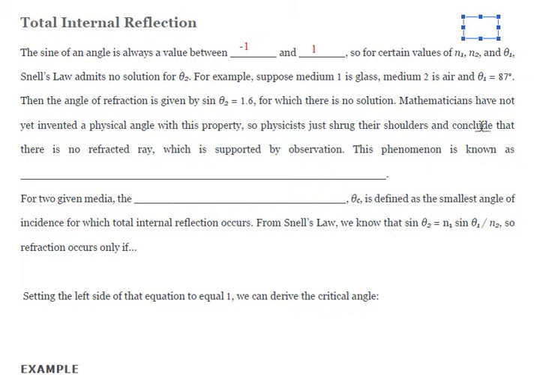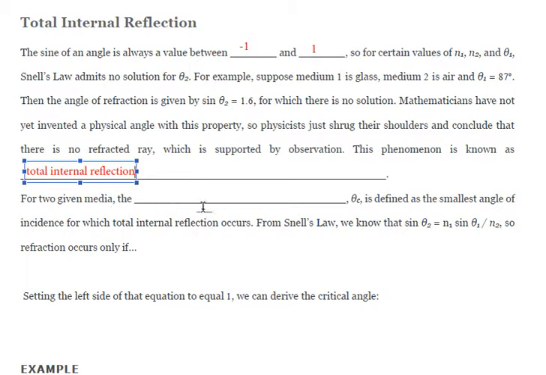And we know mathematically there can't be any solution for that. So while the mathematicians are still working on some kind of explanation for why these things happen this way, the physicists just say, okay, whatever, I guess that happened because we saw it happen. It's supported by observation. So when that happens, this phenomenon is known as total internal reflection.